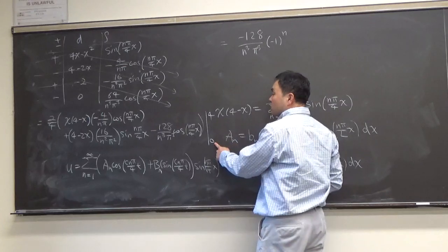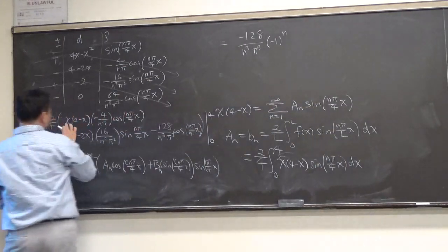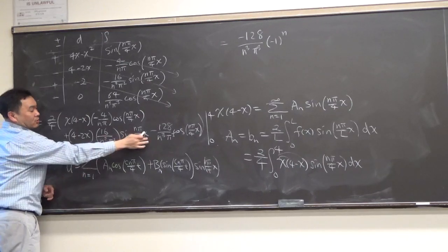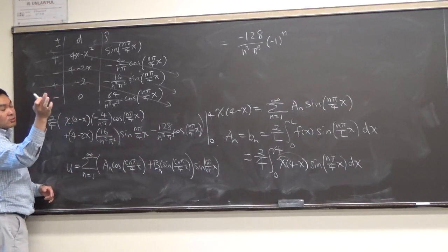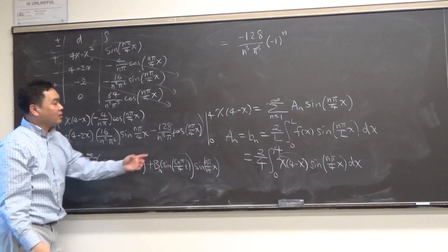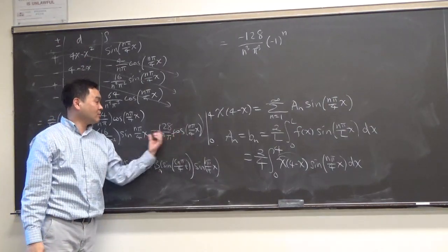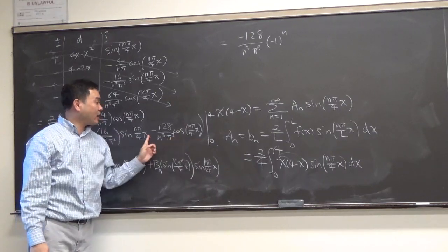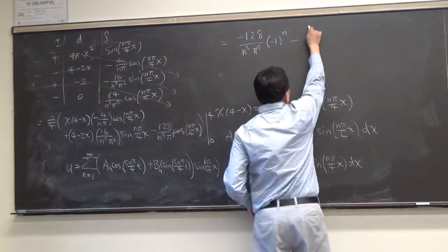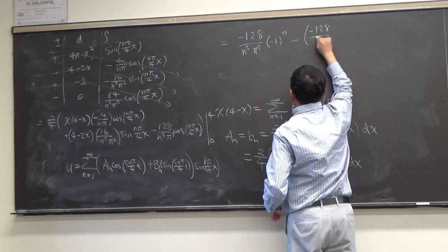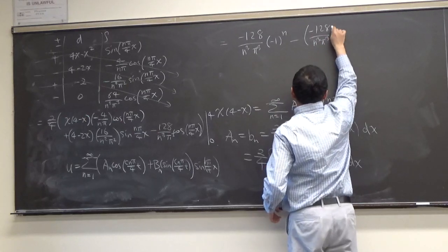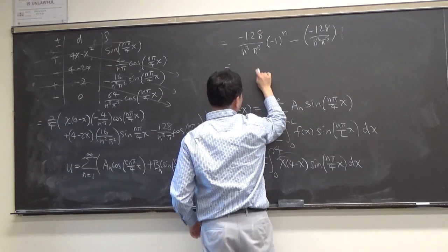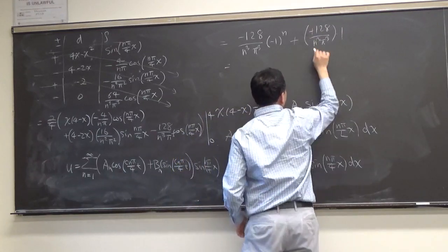And then when you plug in 0, again, 0 times anything is 0, so this is 0. If you plug in 0 here, sine of 0 is 0, so that's gone. And the only thing that creates a non-zero thing is this one. Cosine 0 is 1, but because you have to subtract, it's minus of negative 128 over n cubed pi cubed times 1, and therefore that'll be plus.